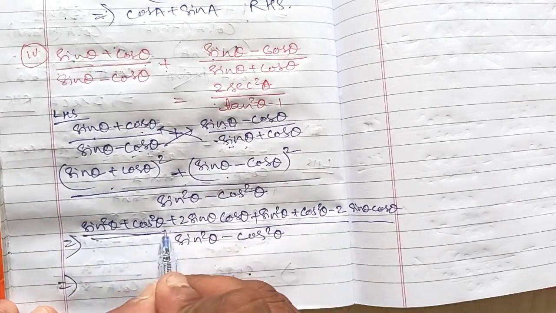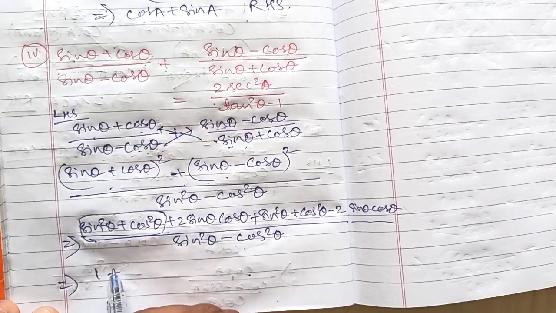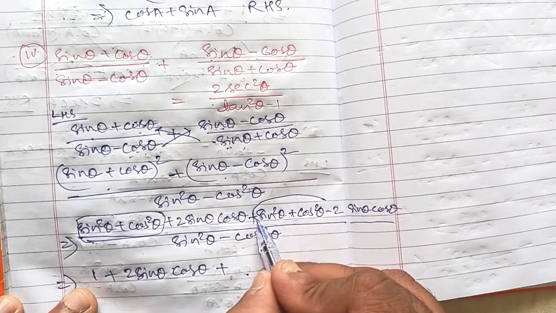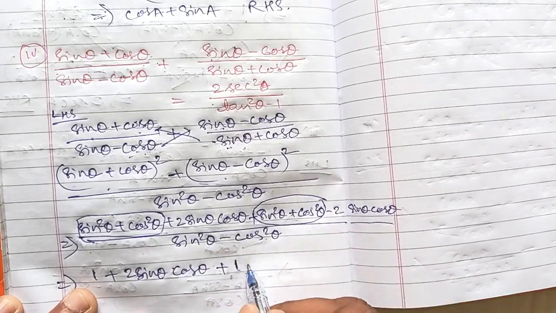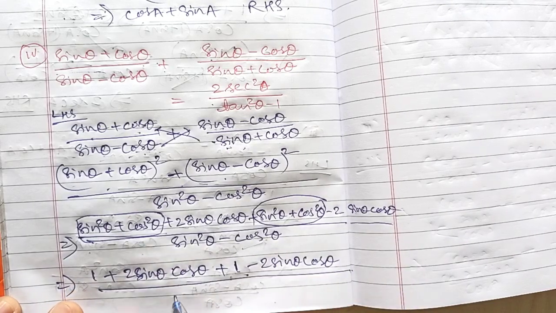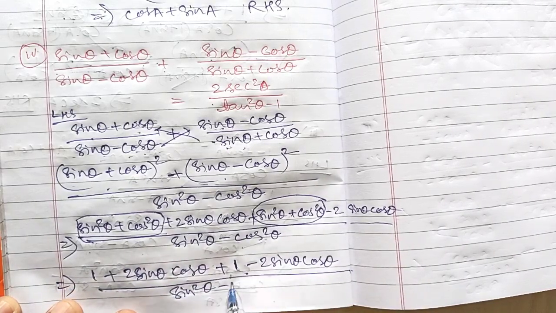Now sin square theta plus cos square theta is 1. So 2 sin theta cos theta is left, plus this is also 1, sin square theta plus cos square theta is 1, minus 2 sin theta cos theta is left, whole divided by sin square theta minus cos square theta.